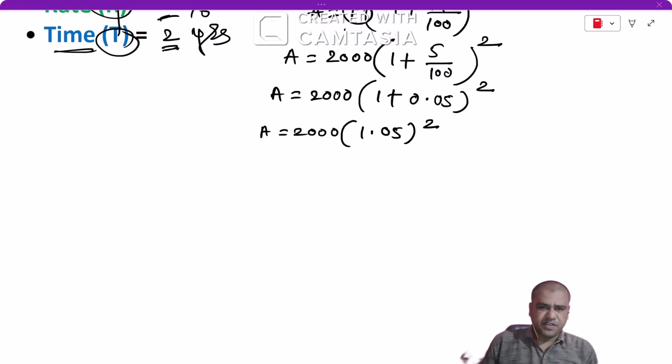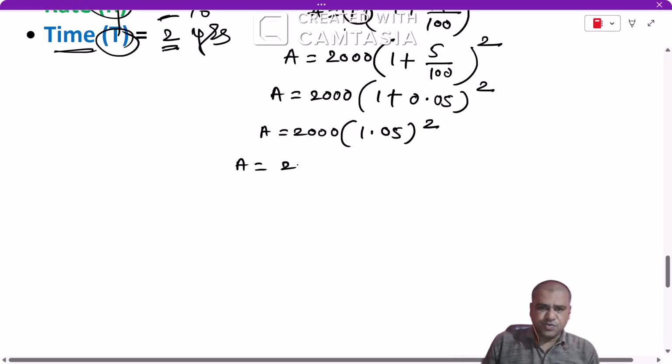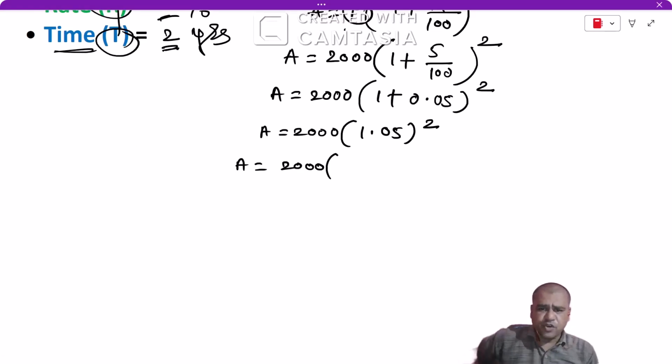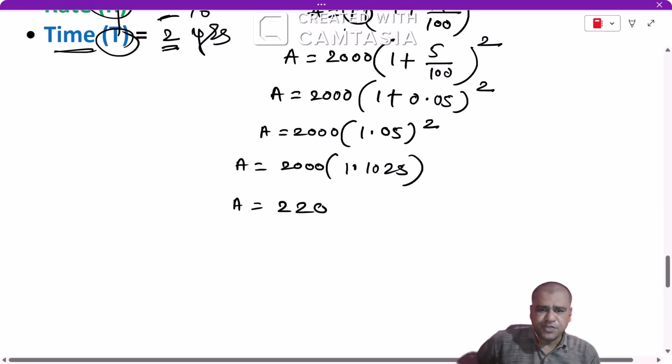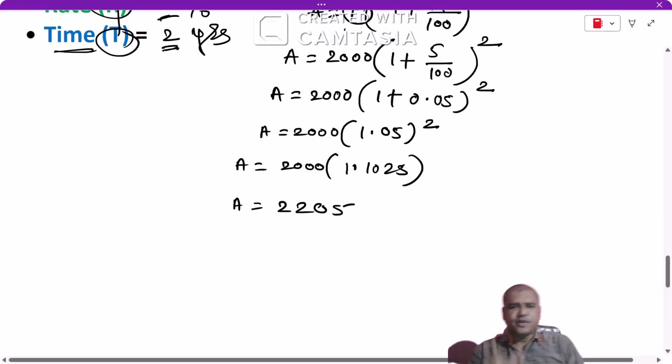The square of 1.05 is 1.1025. You can calculate it. Now on calculating A, 2000 into 1.1025, we get 2205. This is the calculation part, you can do it easily.